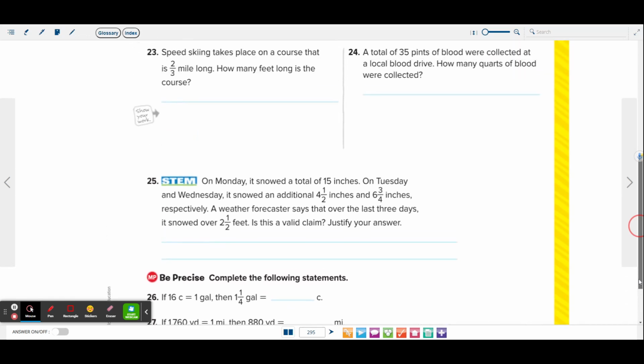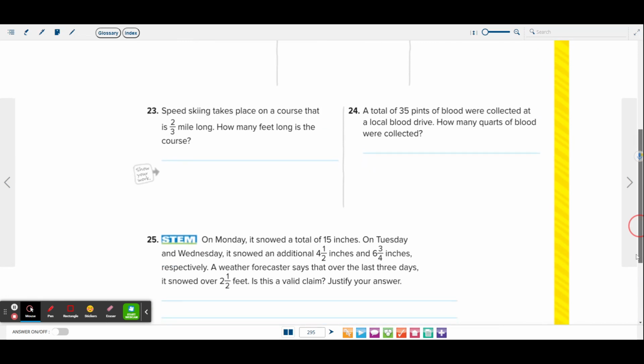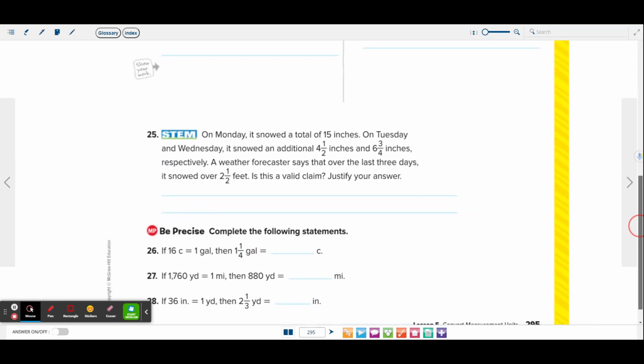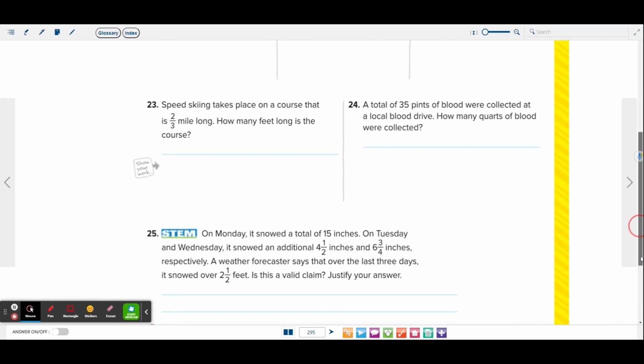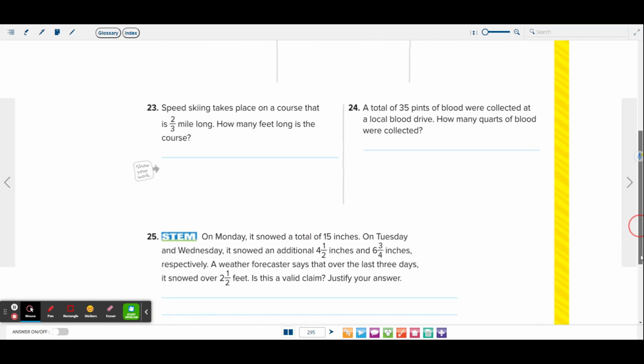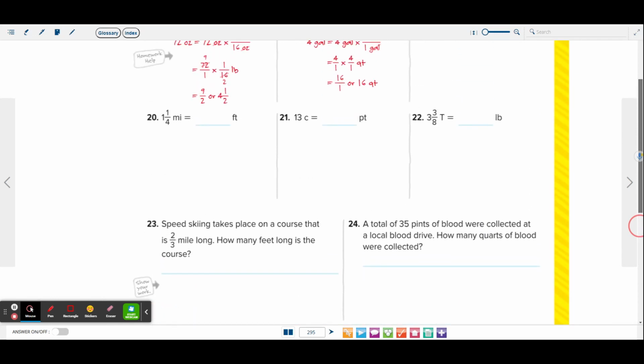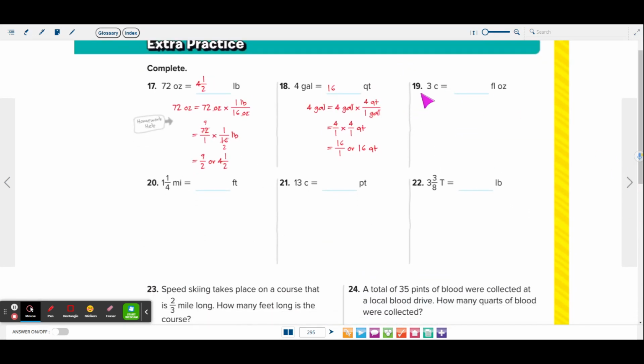I said to go to 25. So we'll do 25. If you want extra practice, you could always do those and then check the answers with the sub, have them check in the book. So these are the exact same as what we were just doing. You're going to look at your table, make sure you have your conversions so that you can cancel.